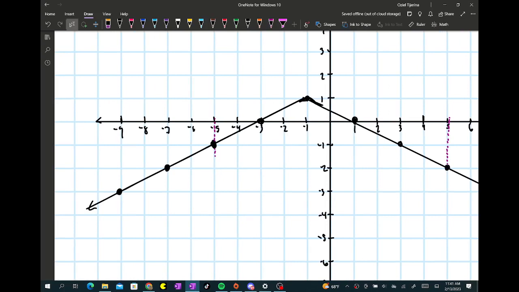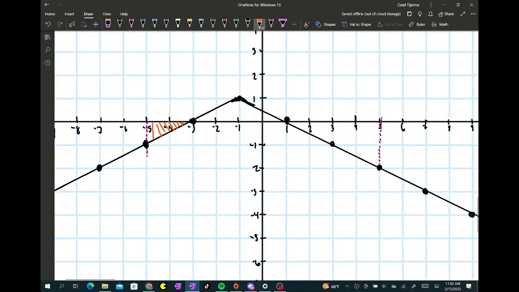So in reality, we're finding the area of the shapes that are closest to the x-axis. For example, from -5 to -3, there's this triangle here. And then from -3 to 1, there's this other shape, another kind of triangle, right?